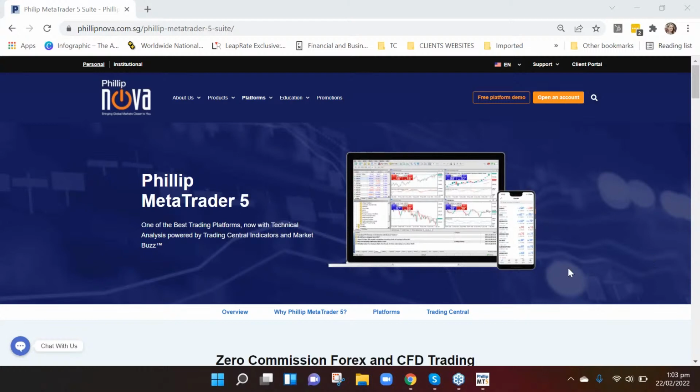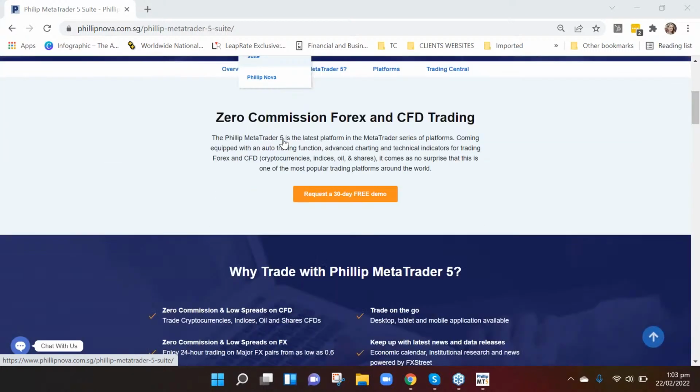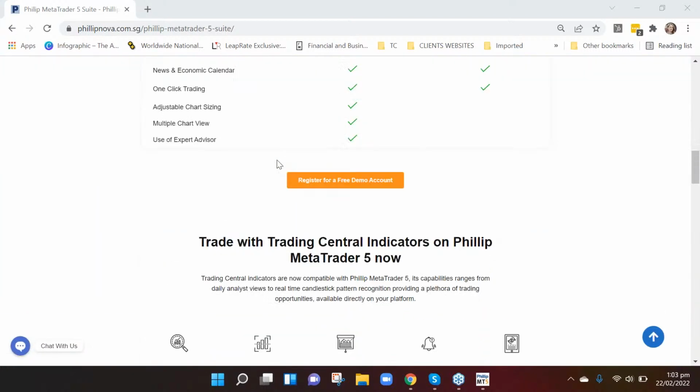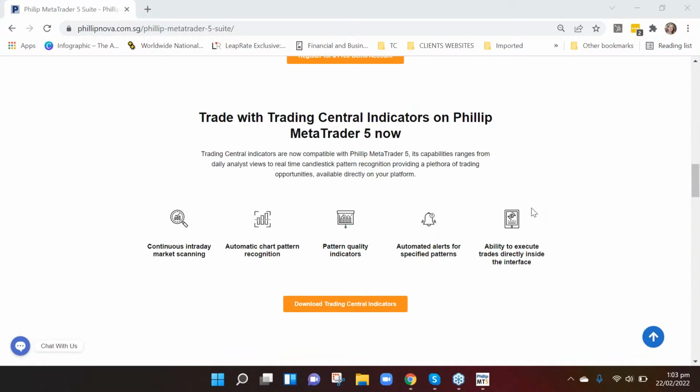First of all, I would like to show you where you can find the plugin on Phillip Nova website. If you are on the website, you can go to Platforms tab and then choose Phillip MetaTrader 5 Suite. Then you come up on this page and you need to scroll a bit down where you're going to get to the section of Trading Central indicators.